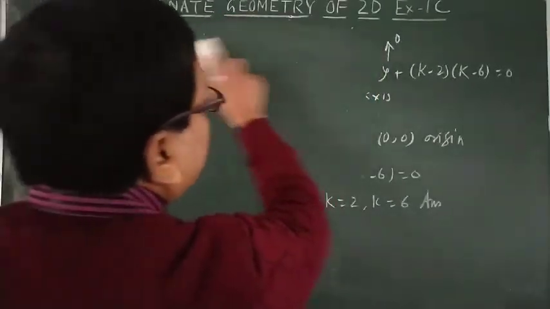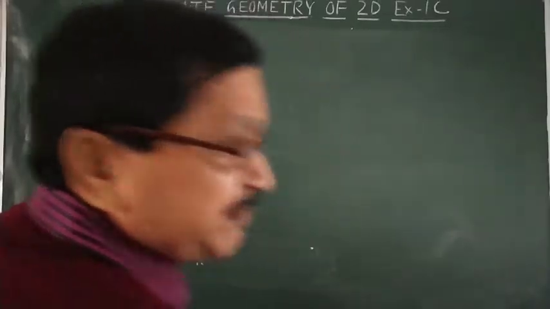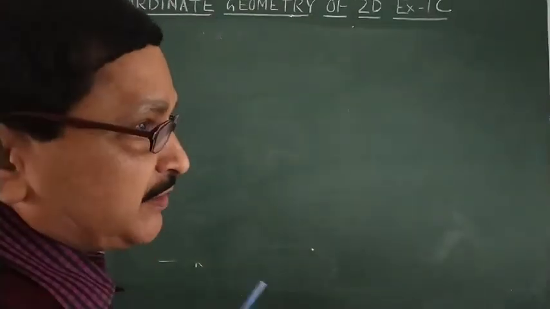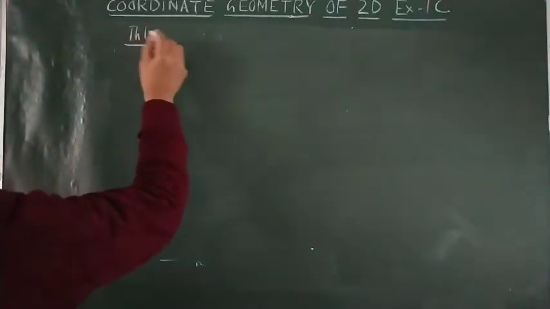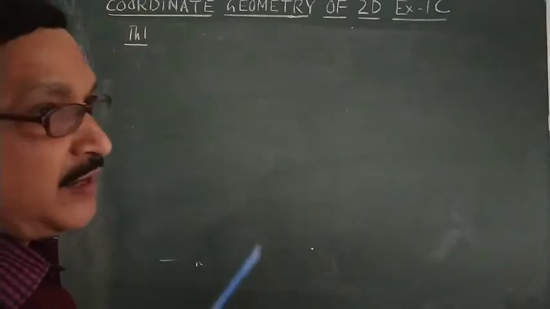Now the main straight line is being started. The main straight line, theorem number 1. First theorem. This is the main equation of a straight line.